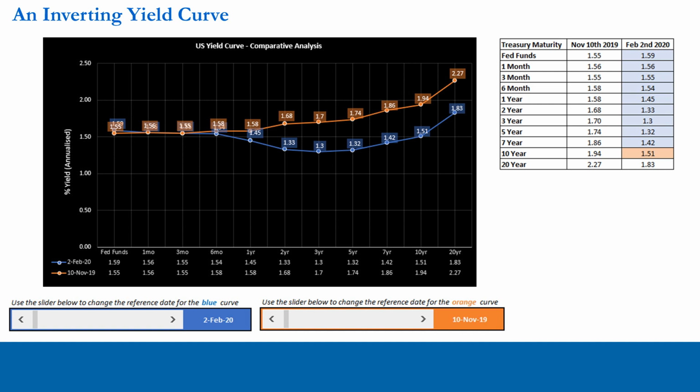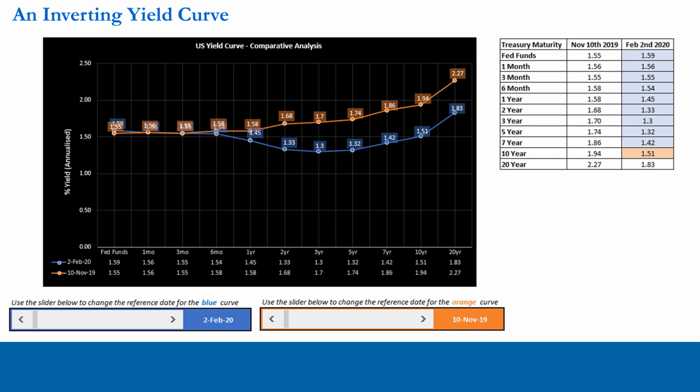And during that period from November 10th, 2019 to February 2nd, 2020, what would have been happening? Well, the yield curve will have been flattening and then in the process of inverting.